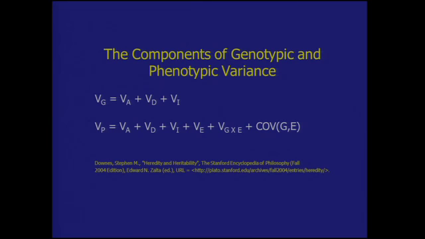Now, we're not going to devote a lot of time to this, and it's not crucial you understand these formulas in great detail. But essentially what this says is the variance due to genes can be divided up into three categories. Additive genetic variance, which is the basis for narrow sense heritability.